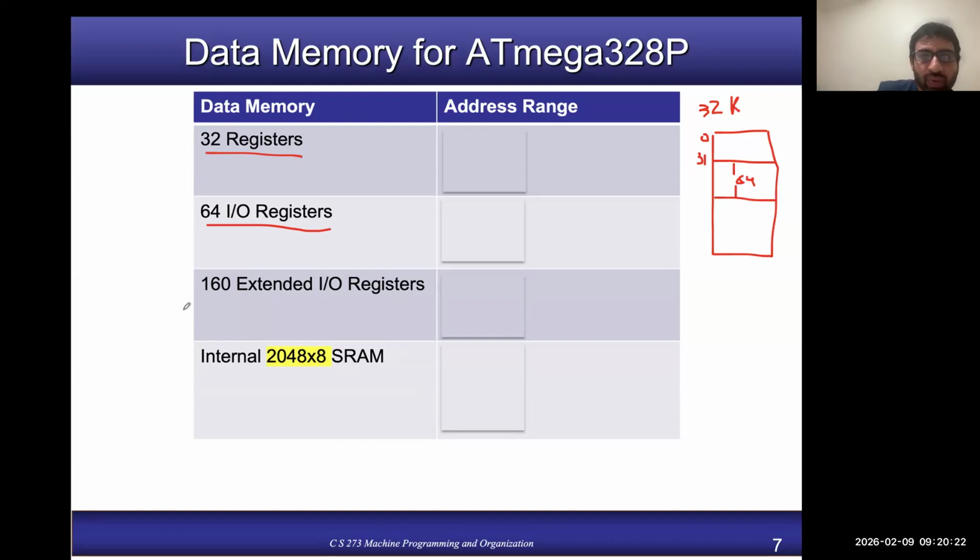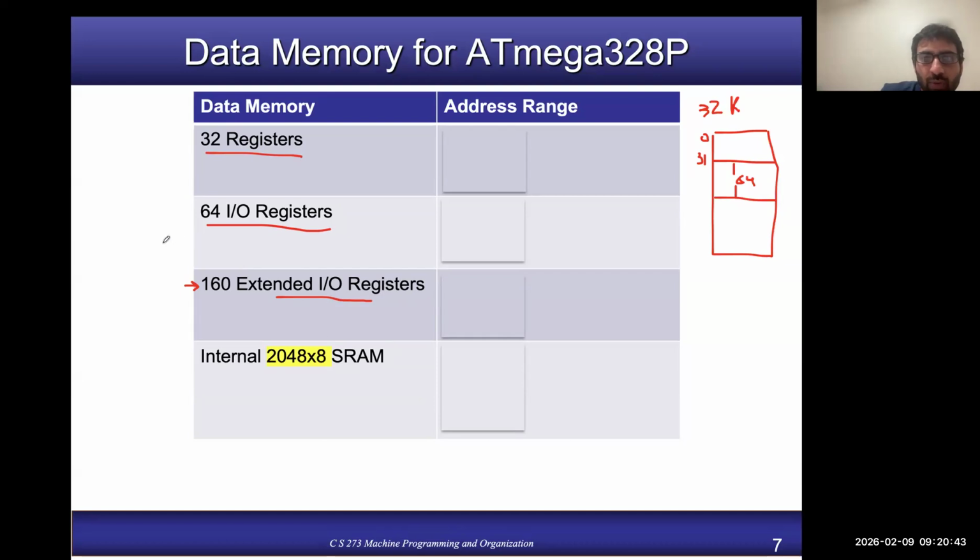Besides that, the next 160 locations point to extended IO registers. So why are we differentiating between the 64 IO registers and the next 160 extended IO registers? There is one main difference.